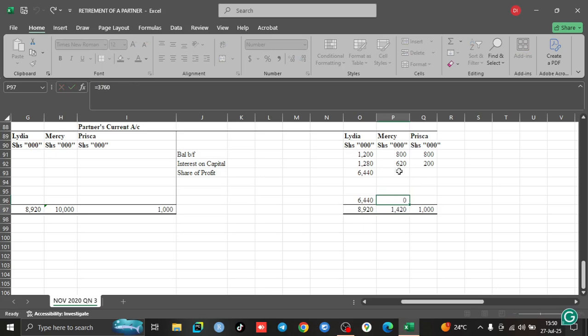I don't know what has happened here. There is a misalignment. Just a minute, I align it the way it should be. So this is 6440.